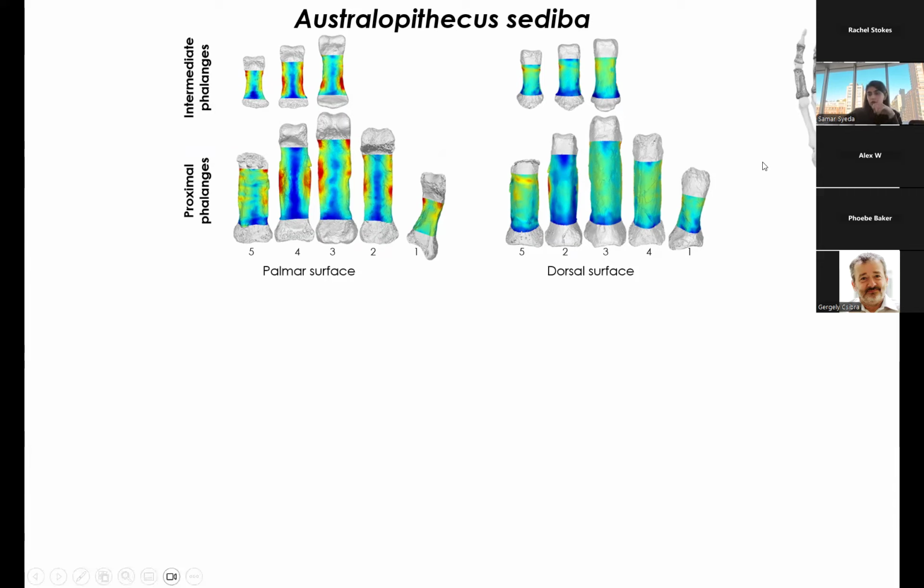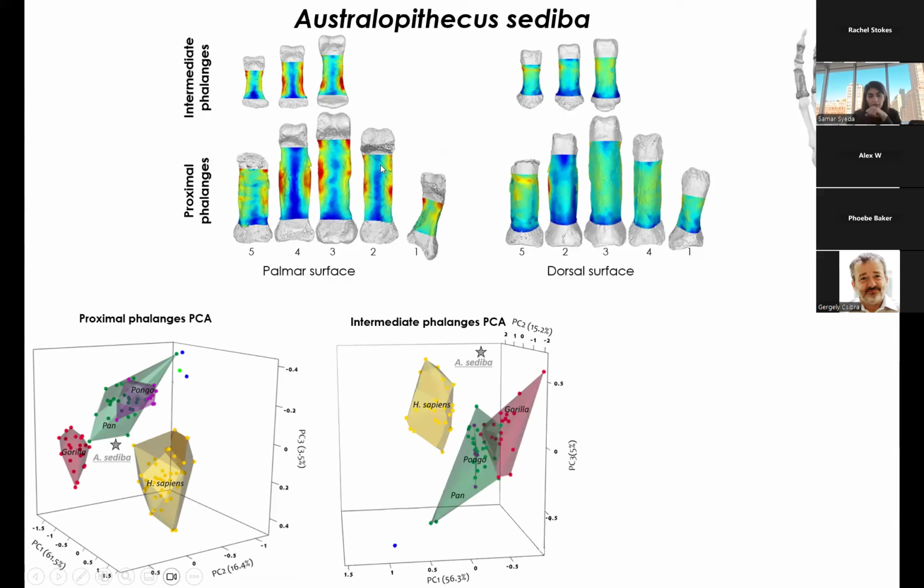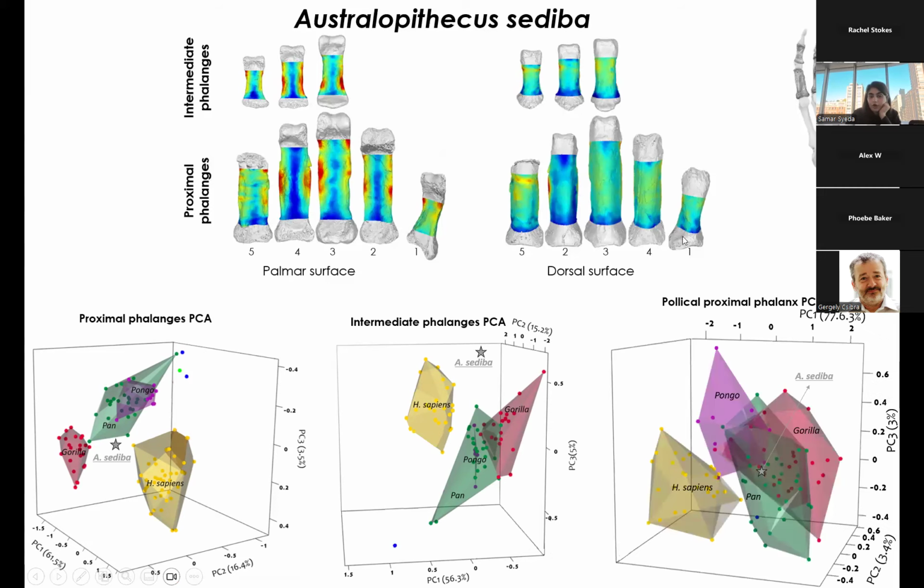It's not as strong as the actual human signal, but at the top of the fifth digit, the pinky finger, you see a slight bit of dorsal thickness coming in, which is why for the proximal phalanges, sediba ends up being quite close to the Pan distribution. However, for the intermediate phalanges, particularly in digit 5, you can see it falls in the middle. But for the pollical phalanx, the thumb, it is sitting well in the middle of the great ape distribution.